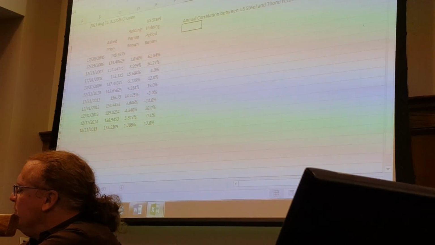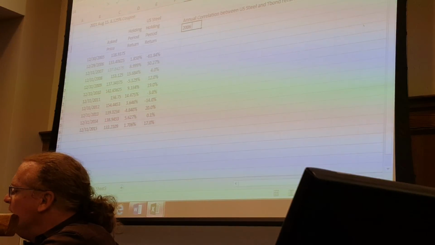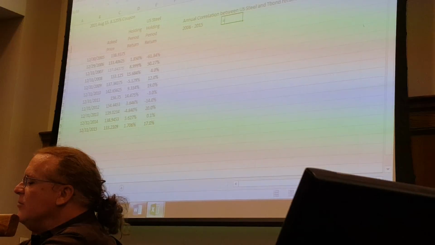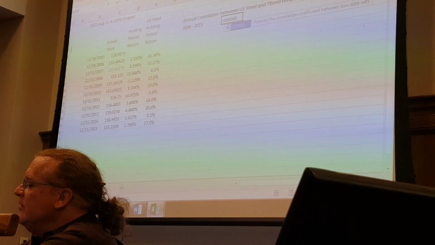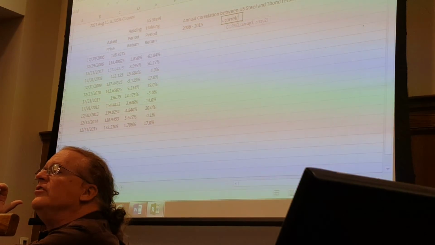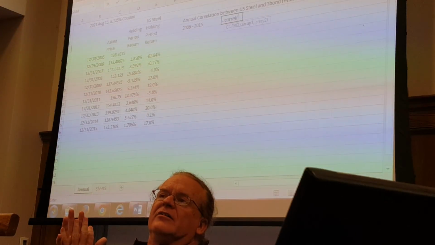And I'm going to specify annual correlation, and I'm going to say this is going to be from 2006 to 2015. Okay, so I'm going to do equals CORREL to get the correlation. You can use the Excel function, and you just put the two arrays in there of the returns.